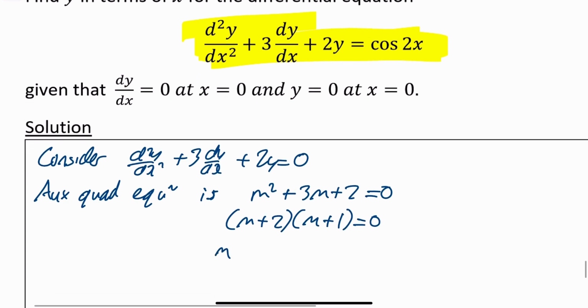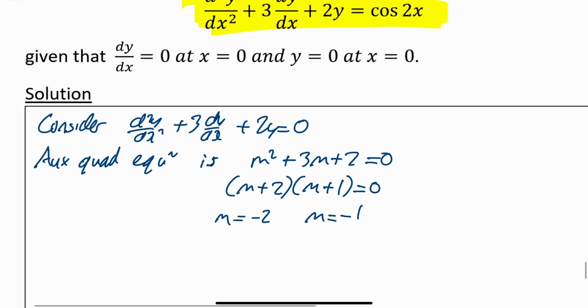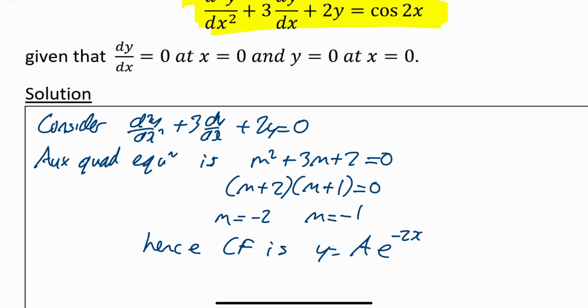So it's got roots of m equals minus 2 and m equals minus 1. These are real distinct roots. From the first of your videos, part 1 on general solutions, we can say hence your CF is y is equal to A e to the minus 2x plus B e to the minus x.